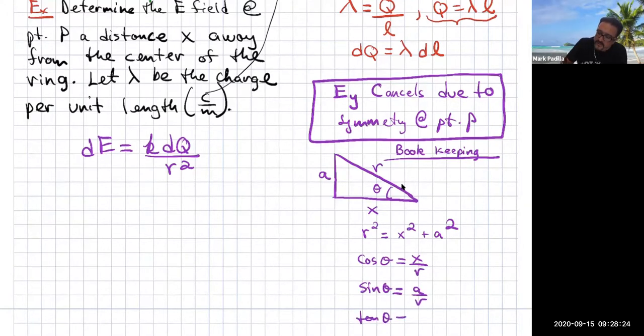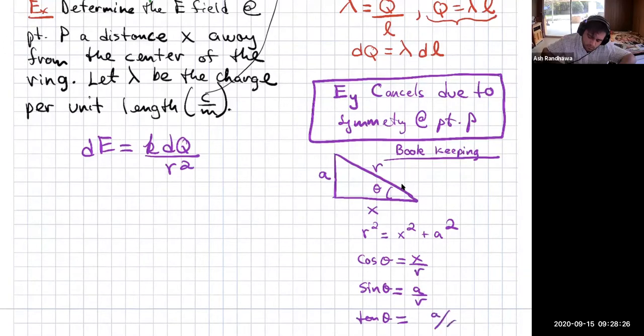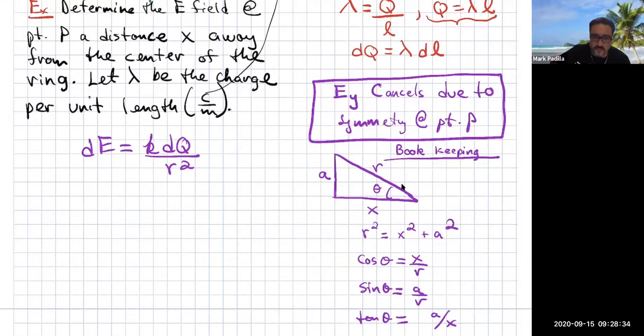Tangent theta is equal to a over x. And this really helps, doing this little bookkeeping. All right.